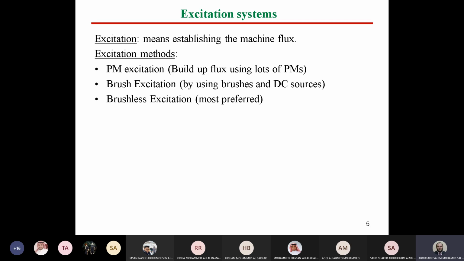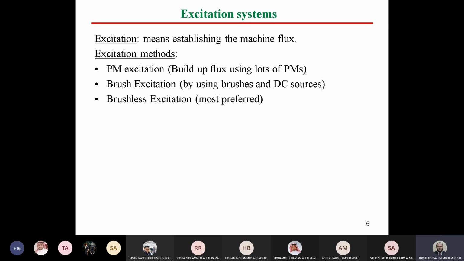So we now have two different ways to connect the field winding to the DC source. We agreed that the field winding exists on the rotor, and the rotor is moving all the time. So in order to connect the field winding with the DC supply, we have two different methods: either using brushes to connect the moving parts, or using another technique called brushless excitation.